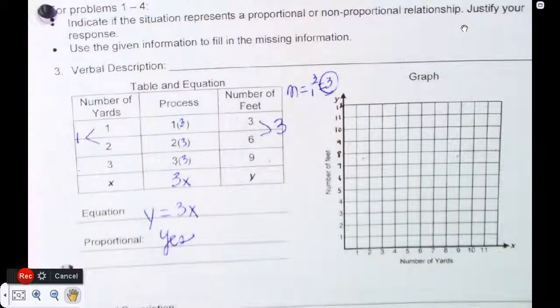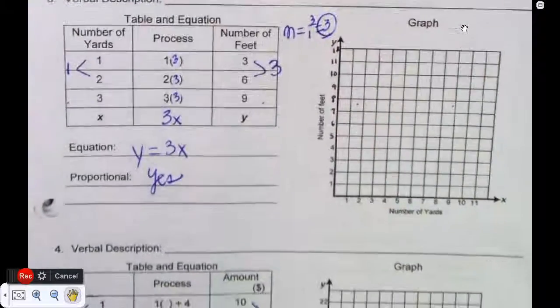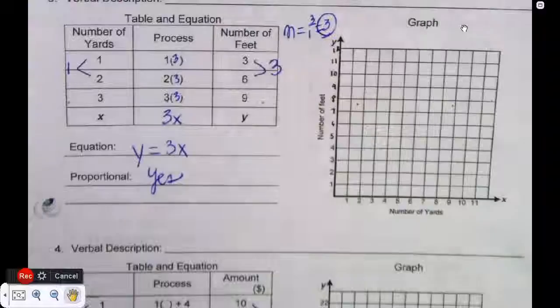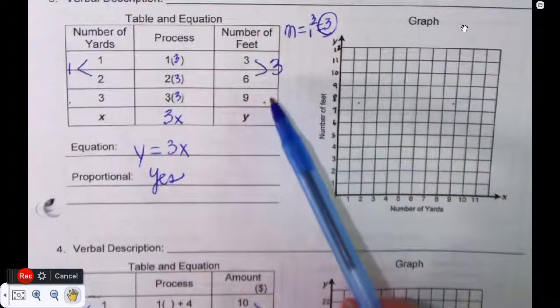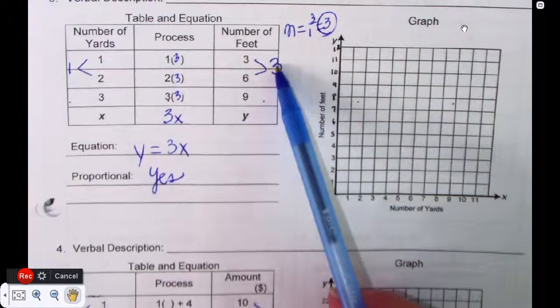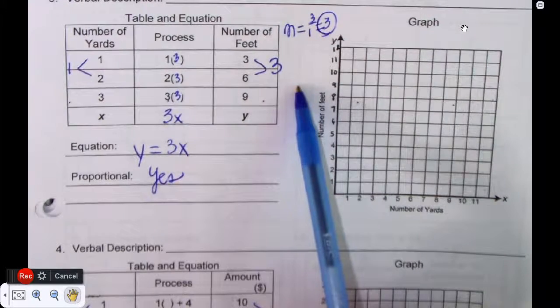Okay. Raise your hand when you know one reason it's proportional. How do you know it's going to start with 0? David. Okay, how do you know it's linear? Well, but we haven't graphed it yet. How do you know it's going to be linear? You're right, but how do you know? Because there's no y-intercept. Wait a minute.